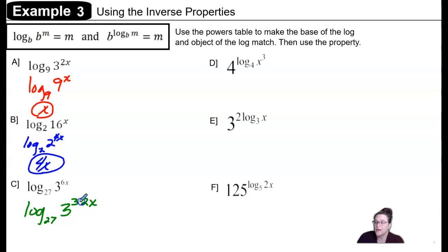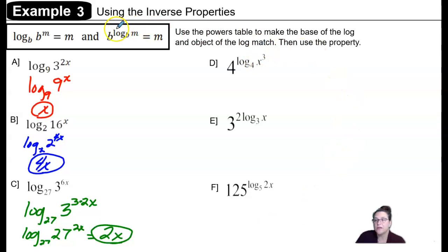So 3 to the 3rd is 27, so that would be written as log base 27 of 27, and then that 27 is to the 2x power. I evaluated the 3 cubed to get 27. And now that my bases match, my answer is the exponent, which is 2x.